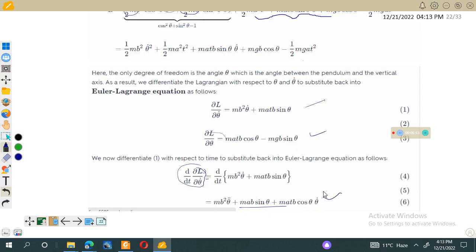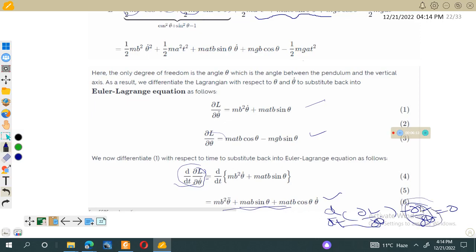And in the Lagrange equation, you know that d over dt of partial L over partial theta dot minus partial L over partial theta is equal to 0. We will need this term also, because we have calculated d over dt of partial L over partial theta dot, which is equal to this.